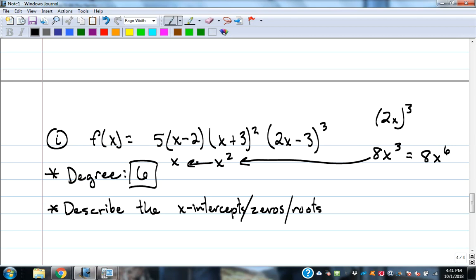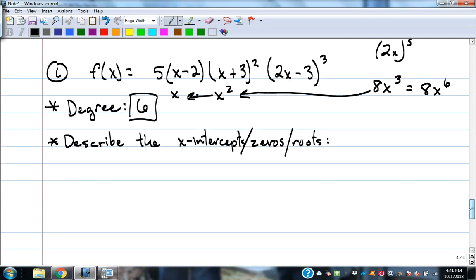Okay? If we're going to describe those, let's describe what happens. So how do you find the x-intercepts or the zeros of the polynomial? What you do is you take the original polynomial. Mathematically, this is what happens. You take that thing and you set y equal to 0. Well, in this problem, it's f of x, that's the same thing as y.